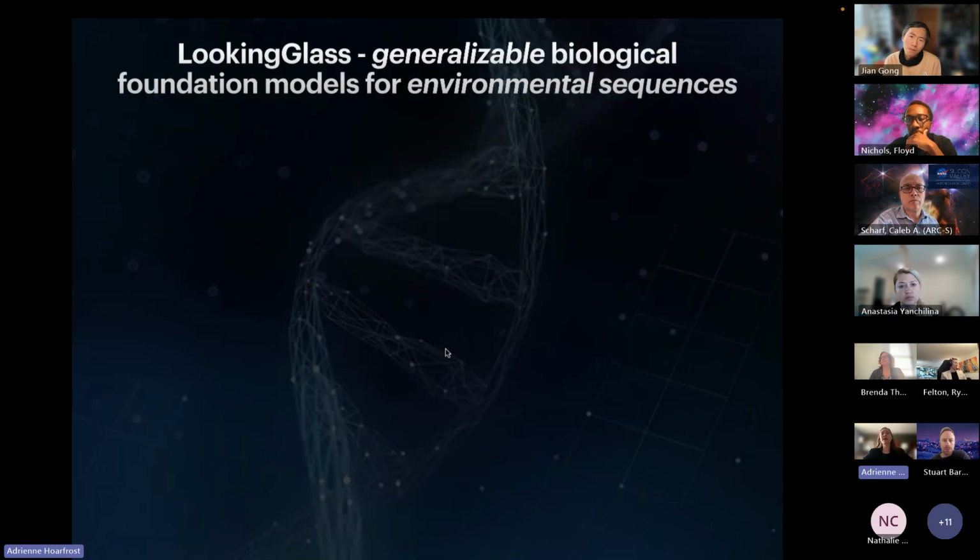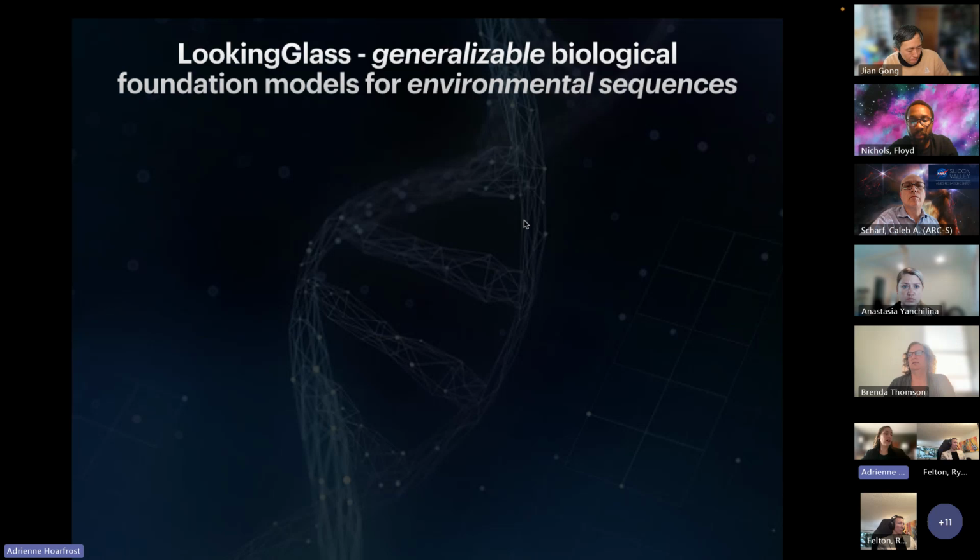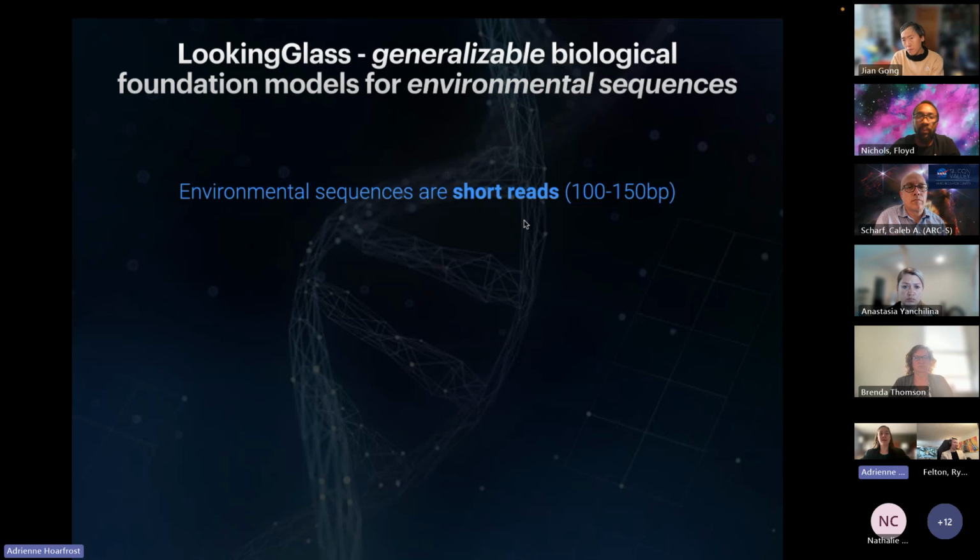And so if you want to generalize to a new environment, you need to capture, in the case of biology, as much biodiversity as you can possibly get into your model. And that's a lot of what we do in my lab, figuring out how to do that for biological foundation models.